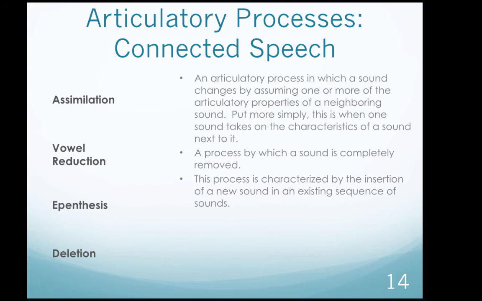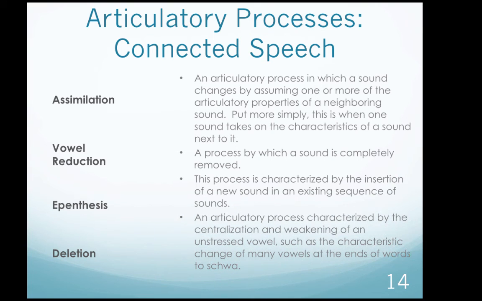Which one is a process characterized by the insertion of a new sound in an existing sequence of sounds? And finally, which one is an articulatory process characterized by the centralization and weakening of an unstressed vowel, such as the characteristic change of many vowels at the end of words to schwa?